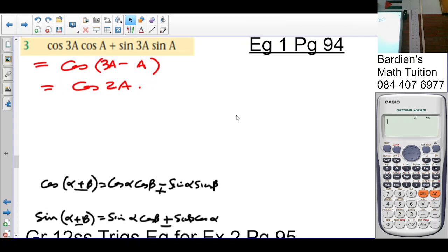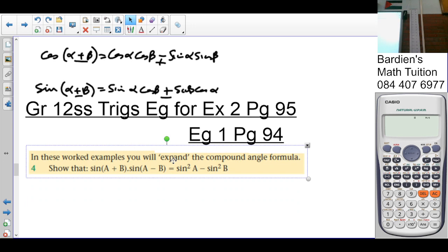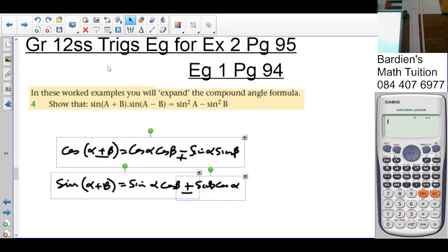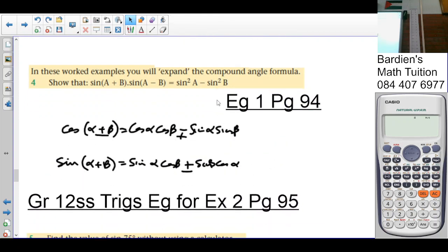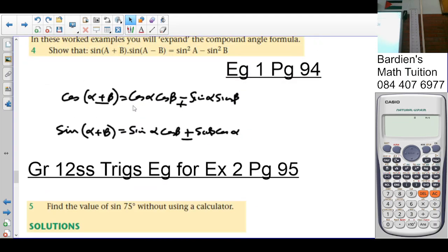Any confusion? No? It's fairly simple. Of this example, number 4, on page 94. Pull that roll up.